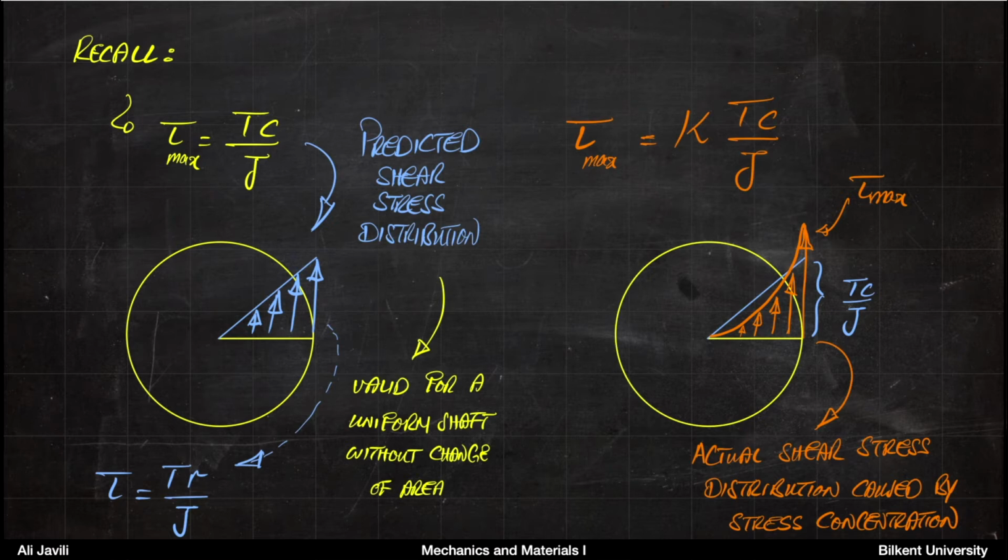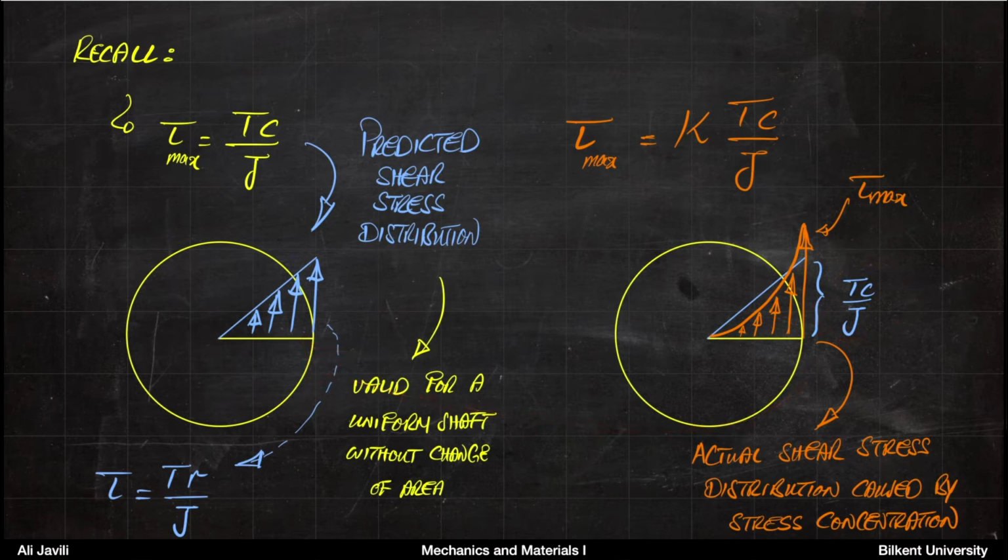If you draw the stress distribution on that inner shaft, on the thinner part of the shaft, this is what you would see. This is the shear stress distribution. The blue one here shows just the regular case, exactly what we had here.